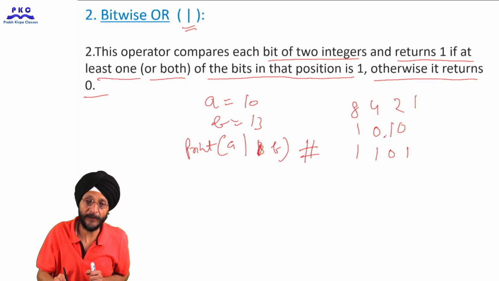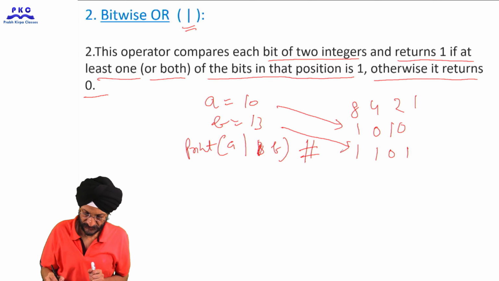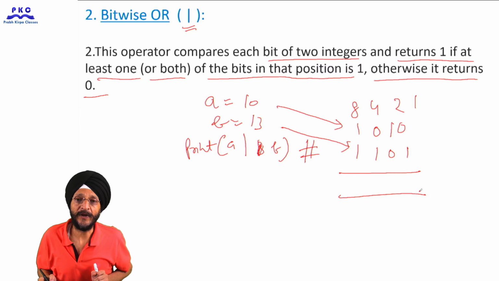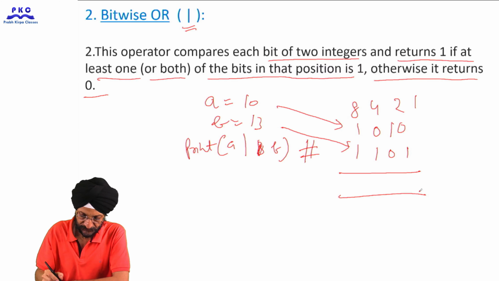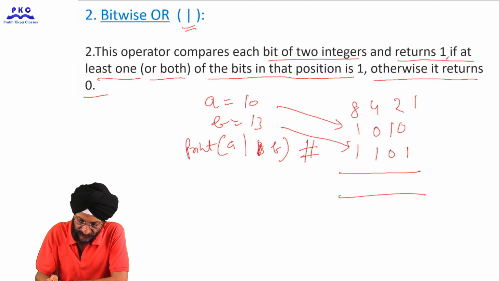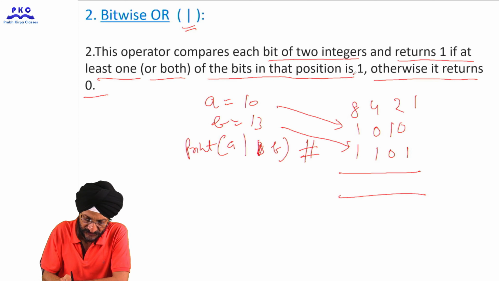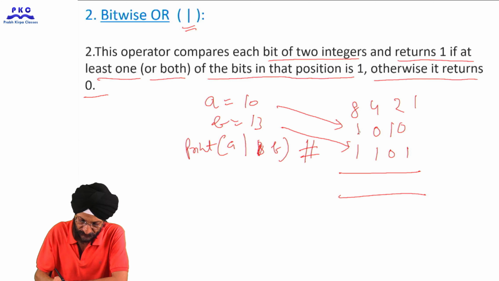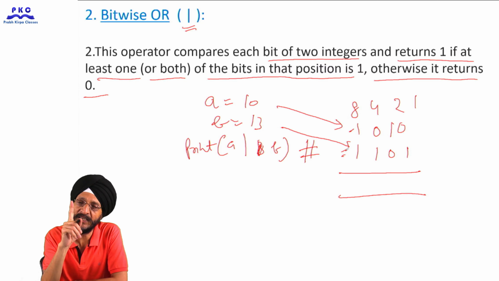These were the binary numbers of A and of 13. So what is the final outcome after using the bitwise OR operator? It results in 1 if at least one or both of the bits in that position is 1. That is, either of the bits here and here has to be 1. Then the result is 1.